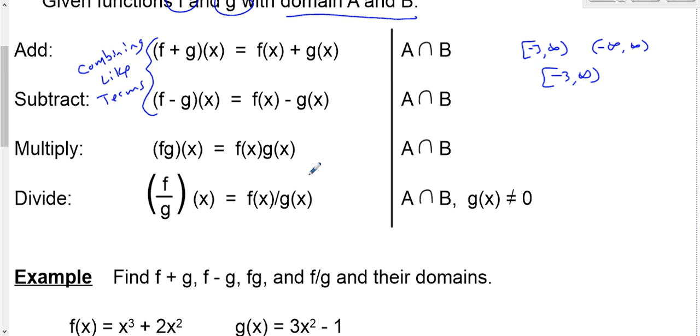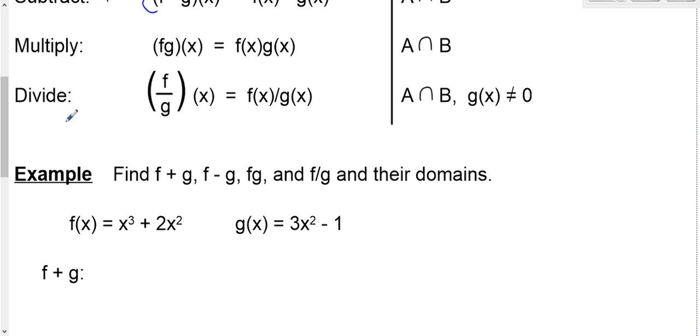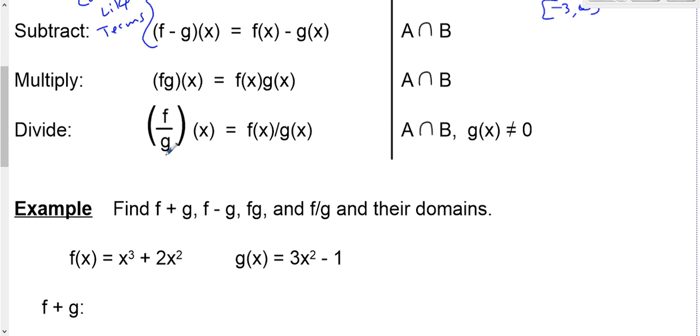You may have to FOIL, distribute, whatever, but you're multiplying the two together. So again, the domain on all of these so far is the intersection of the two, of each of these separate.